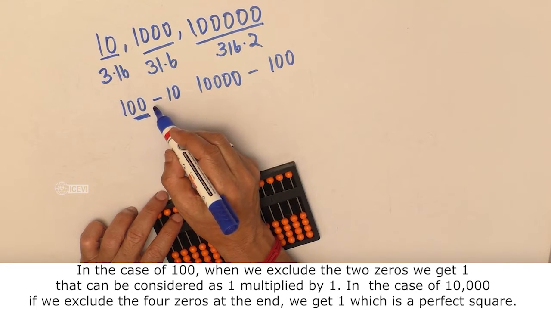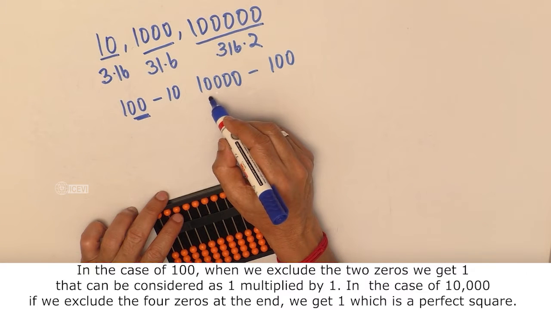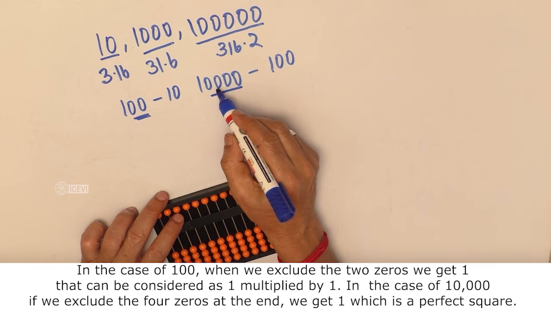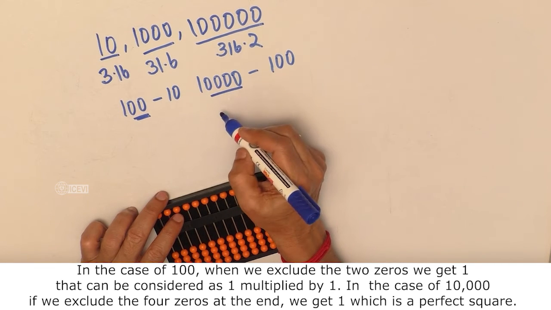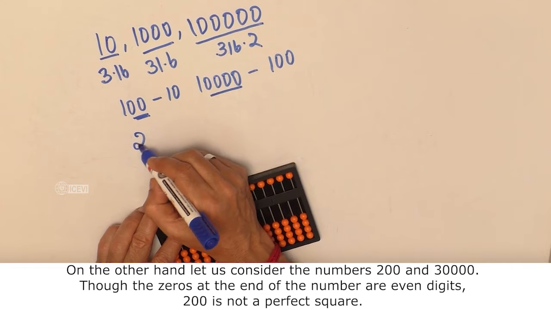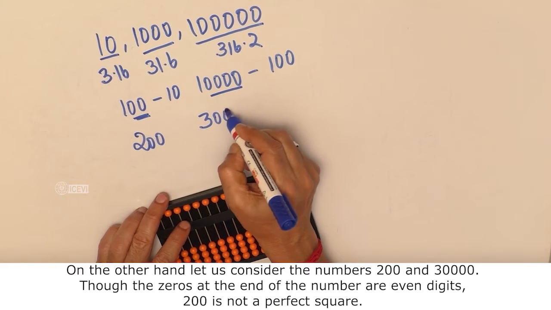That can be considered as 1 multiplied by 1. In the case of 10,000, if we exclude the 4 zeros at the end, we get 1, which is a perfect square.